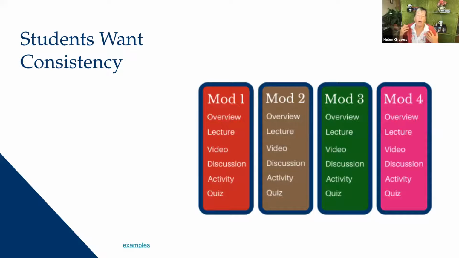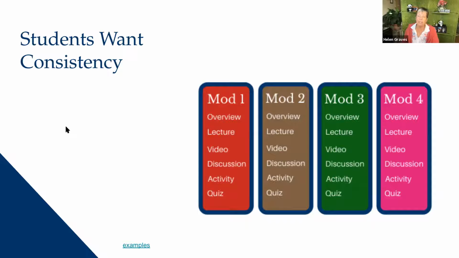And they know how to dive right into the material without floundering around trying to figure out what they're supposed to do and where they're supposed to find it. It's familiar and comfortable. And your branding is going to contribute to consistency as well.